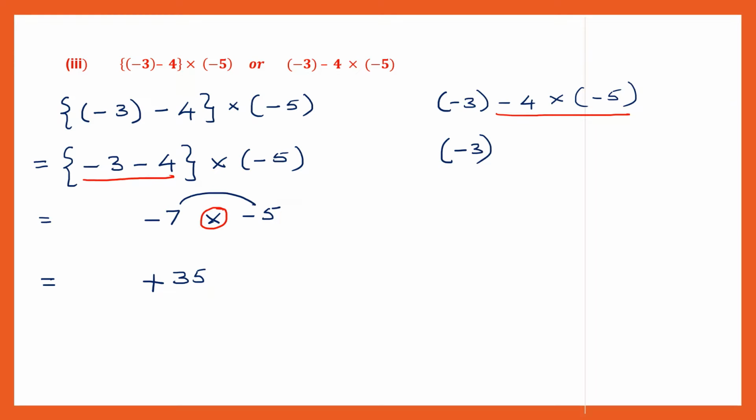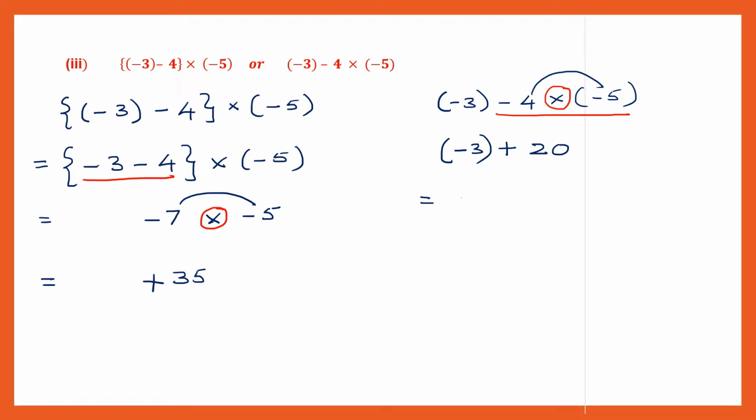Now this let me work out. As you can see, this is multiplication. We have to follow the rules of multiplication. There are two negative signs, 1, 2. Since there are two negative signs, the 2 is an even number. So my product will be positive. Now I have to multiply the numbers. 4 into 5. 4 5s are 20.